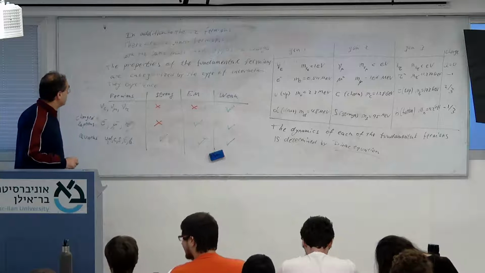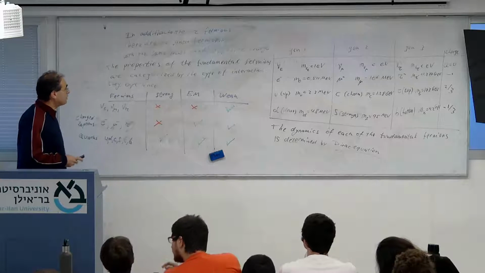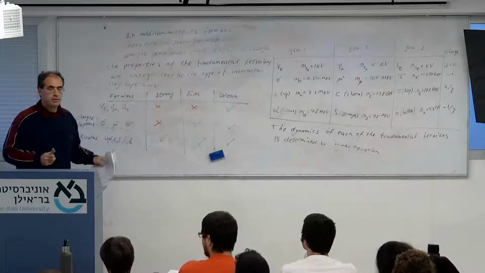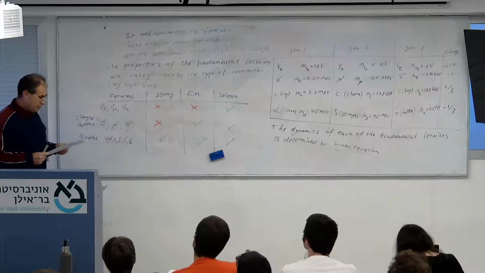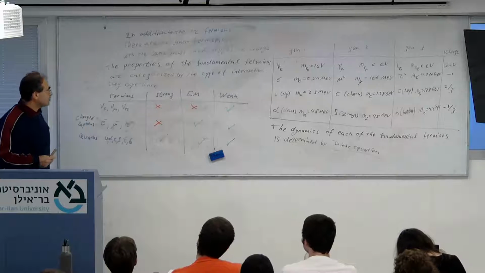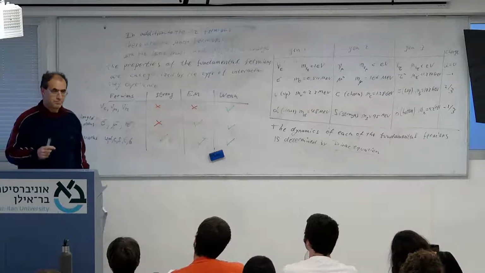We say that a fermion is subject to the electromagnetic force if it carries an electromagnetic charge which is not zero. And then we also say that it is subject to the strong force if it carries a strong charge. Very similarly.